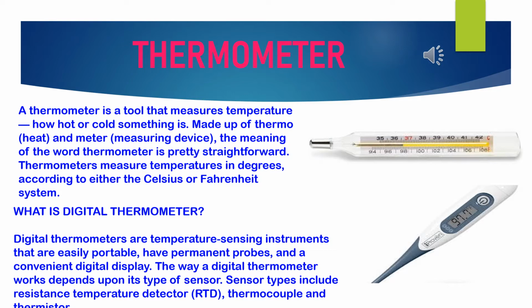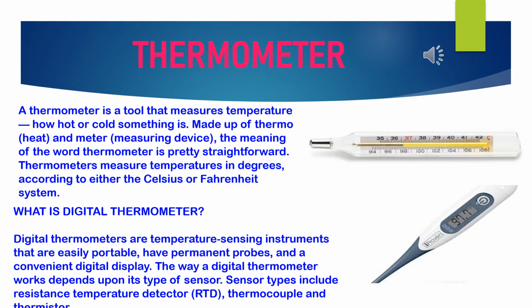A mercury-in-glass thermometer is made of a hard glass capillary tube of uniform bore. At the lower end of the tube, there is a thin-walled glass bulb. This bulb and a part of the capillary tube is filled with mercury. The rest of the capillary above the mercury is evacuated and sealed.